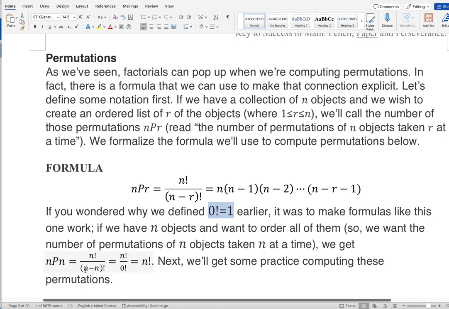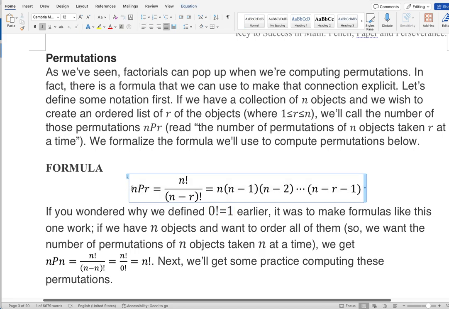So in this case, we have a 0 factorial in the denominator. We understand in any kind of math, 0 cannot be the denominator. So we do need to make 0 factorial as 1 here.